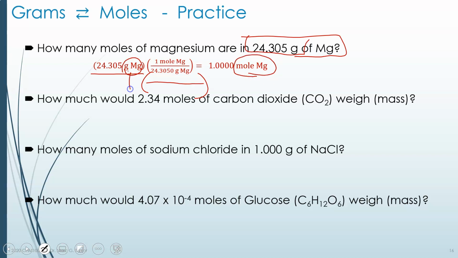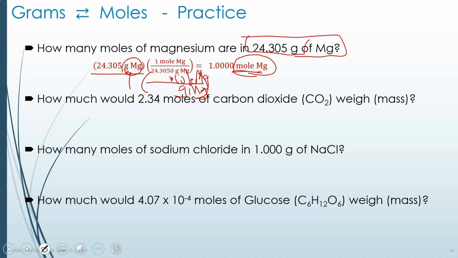So to destroy this unit, you need grams of magnesium on the bottom, and to create moles, you need the moles of magnesium on the top. Pardon my horrifying penmanship here.